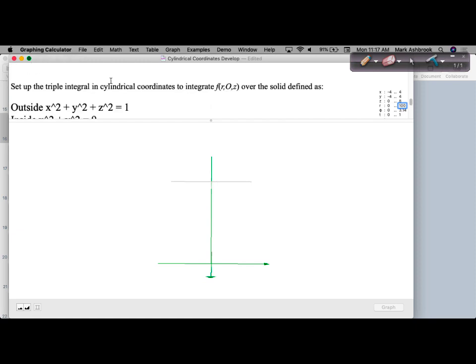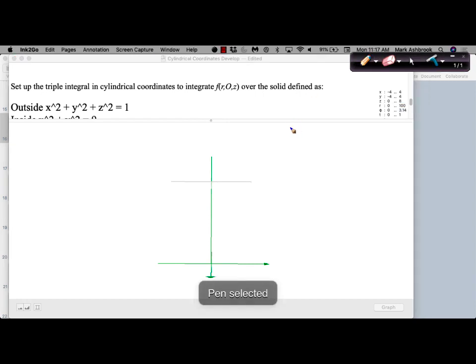So we'll do a triple integral, and cylindrical coordinates would be integrating over a function of r, theta, and z. If you start with a function of x, y, and z, you have to transform it accordingly.